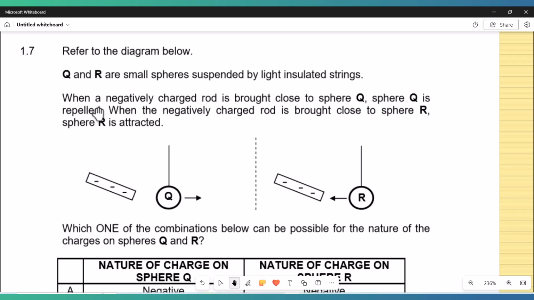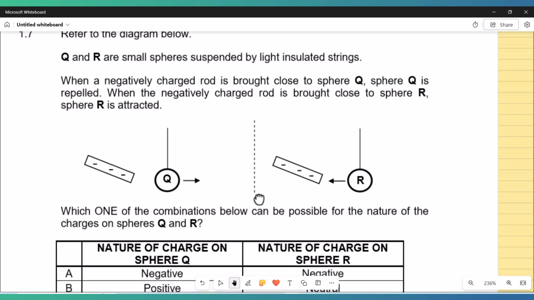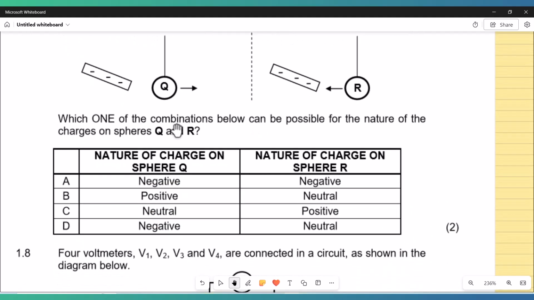When a negatively charged rod is brought close to sphere Q, it is repelled. When the negatively charged rod is brought close to sphere R, it is attracted. Which one of the combinations below can be possible for the nature of the charges on the spheres Q and R?